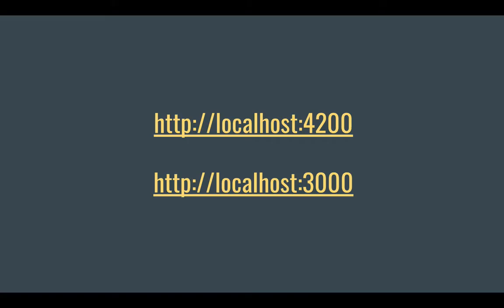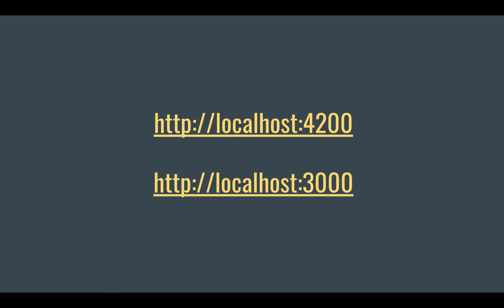It all starts with the URLs themselves, effectively the origins. What triggered CORS in the first place was that our Angular app, which was running on localhost port 4200, tried to make a call to our node server running on localhost port 3000.